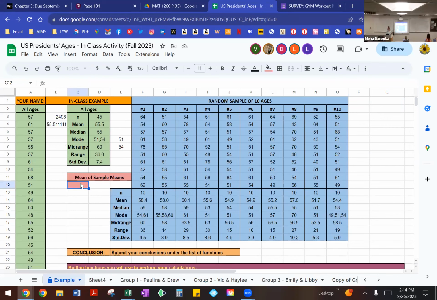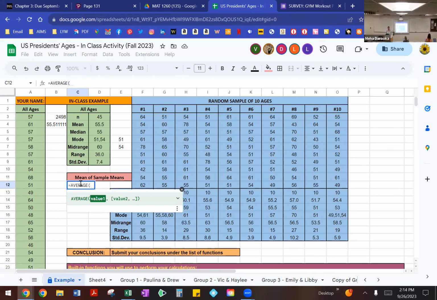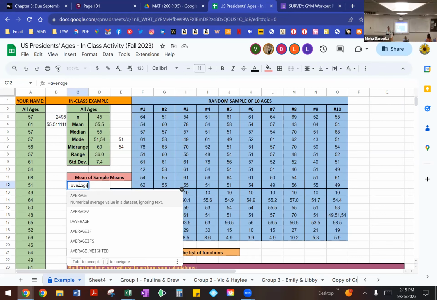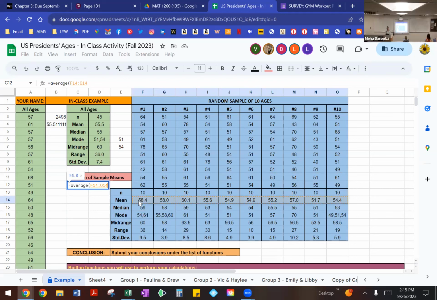So you're finding the average of all the sample means, basically. So same function, you're going to use average. So just the average, right? Just the average for the means, not the other calculation. And that's going to go under the mean of sample means.